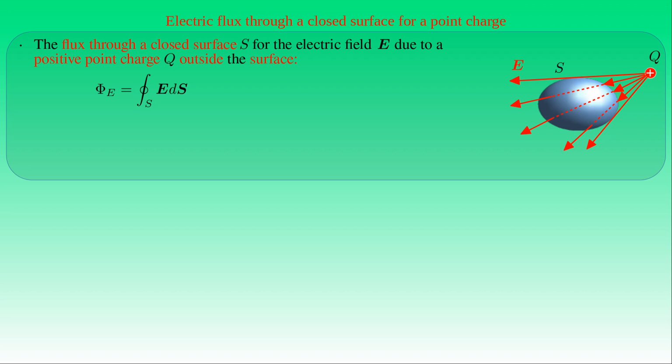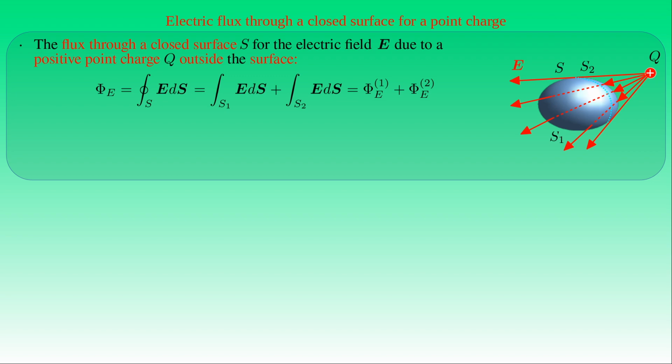We split the surface S into the part S1 where the electric field lines are directed out of the closed surface, and the part S2 where the field lines are directed into the closed surface. Then we can also split the integral into 2 parts, that is the sum of the integrals of the electric field E over the surfaces S1 and S2. The first term is the electric flux through the surface S1 and the second one the flux through the surface S2, and these fluxes contribute to the net flux phi E through the closed surface S.